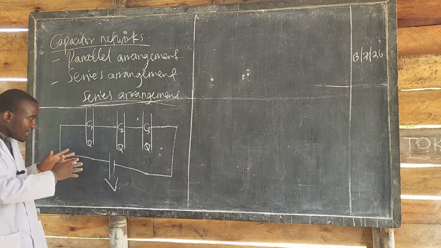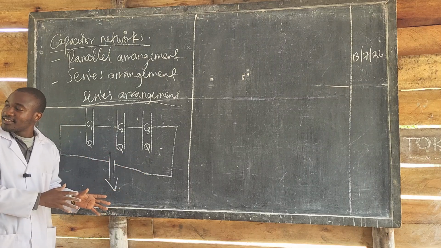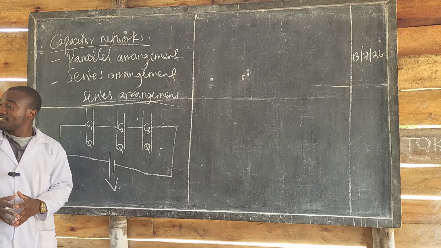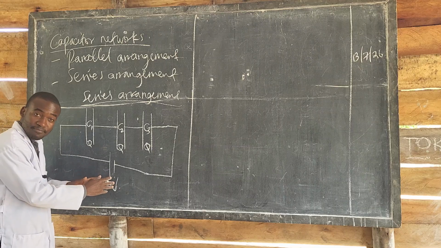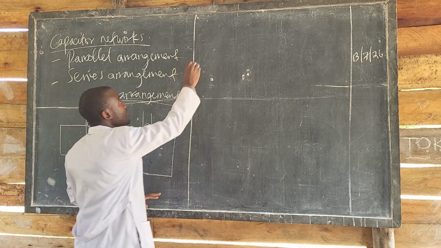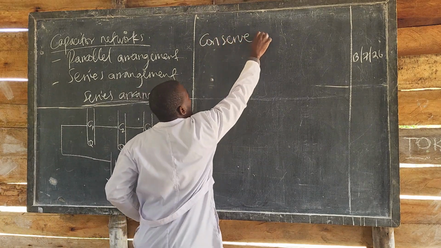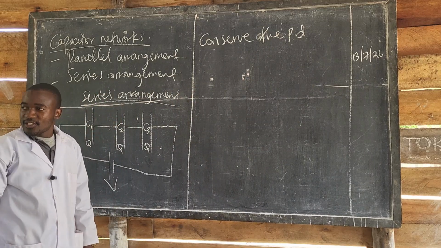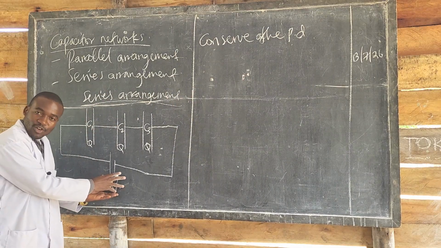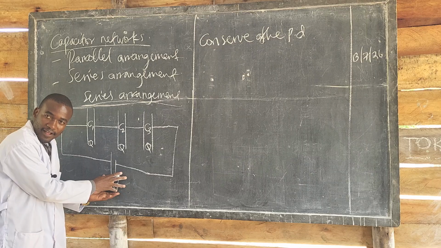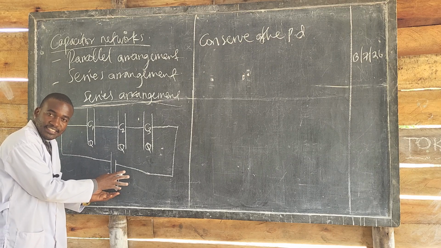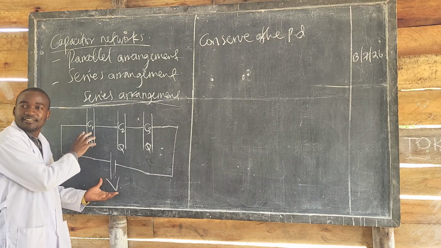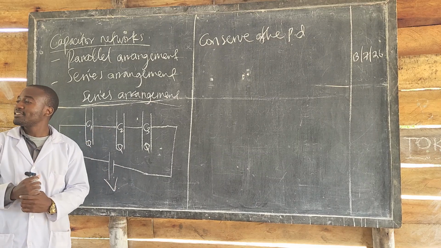In this case, we are going to conserve the PD, I'm sorry, not the charge. The PD that the source gives out is going to be shared by each based on how strong the capacitor is.